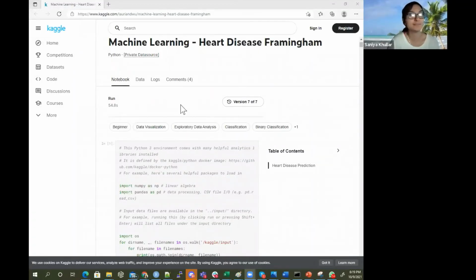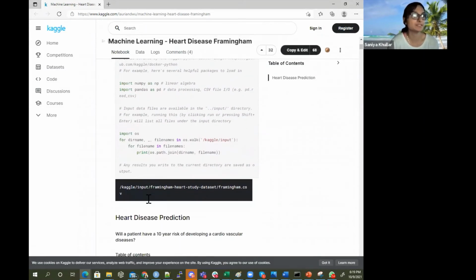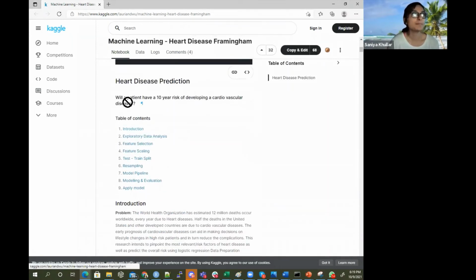This is on Kaggle.com. They have a lot of data sets too. They're trying to use Framingham Heart Disease data and come up with a machine learning model as well. So will a patient have a 10-year risk of developing a cardiovascular disease? So that's the 10-year CHD risk that I was talking about.